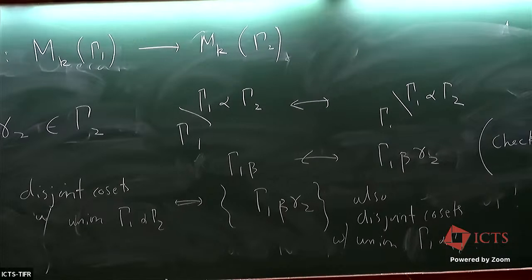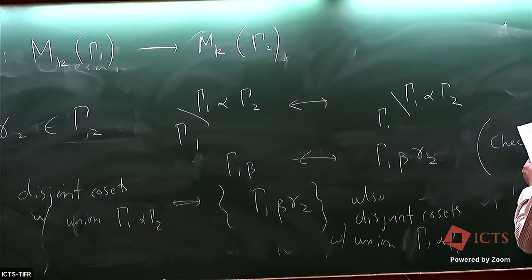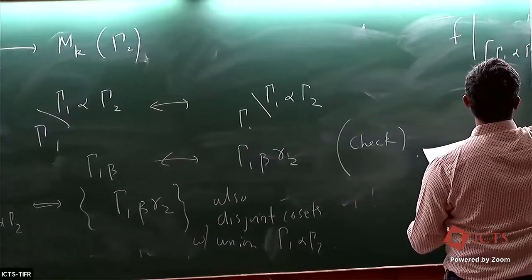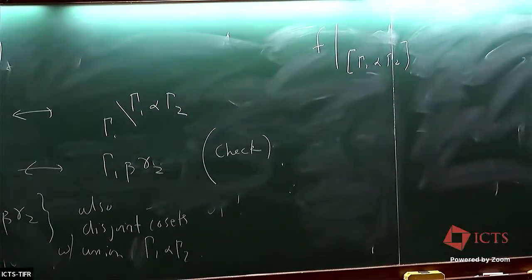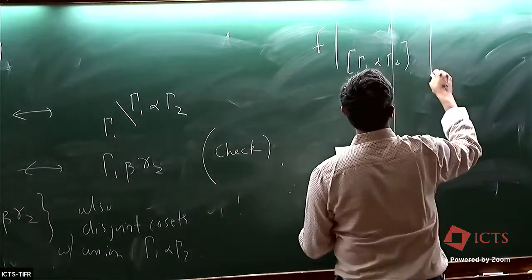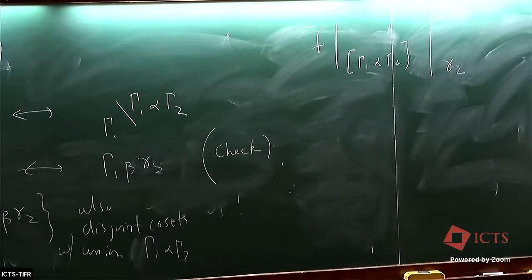Now we're done, because we just take the definition. What do we have to check? We have to check that when you do the slash, you get a modular form for Gamma 2. In fancier language, that's just checking that when you slash by Gamma 2, you wind up with this function again. You just have to check that.